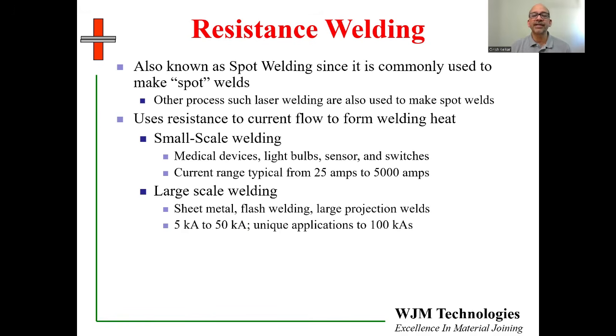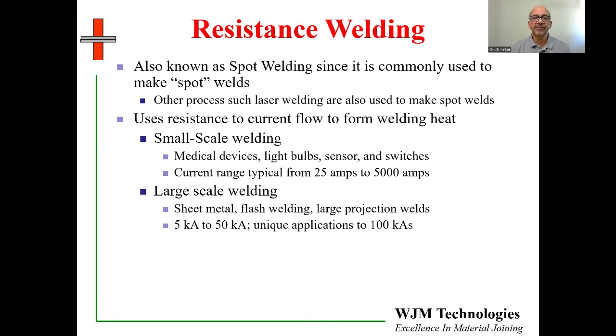Oftentimes, small-scale welding is done with a microscope, as the parts are so small. Applications include medical devices, light bulbs, sensors, relays, batteries, solar cells, and so on. Current is typically in the range of 25 amps to 5,000 amps, although in most cases it is in the range of, say, around 100 amps to 1,000 amps.